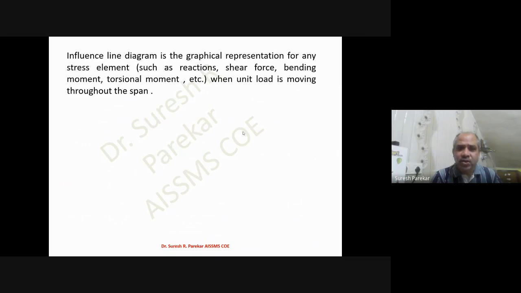So you need not go for all those calculations. The influence line diagram for a particular beam remains the same and does not change as per your loading. So the influence line diagram is independent of the external loads acting on the beam.